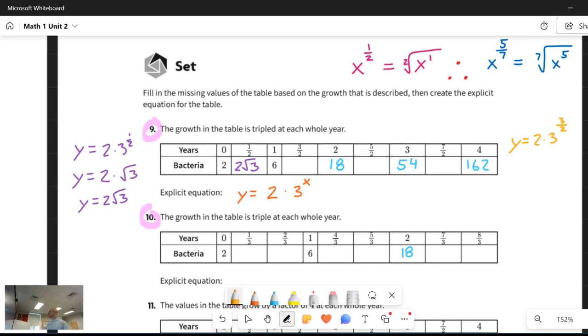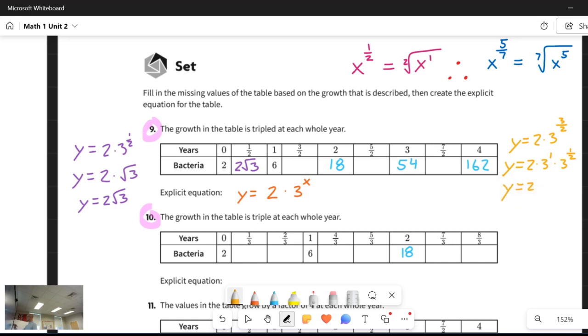Right now 3/2 is just 1.5. We're going to remove a whole 1 out of there. So we're going to write it as y is equal to 2 times 3 to the 1st times 3 to the 1/2. Because by following our rules of exponents, 3 to the 1st times 3 to the 1/2 is just 3 to the 3/2, which is what we originally started with. And from here, we just clean it up.